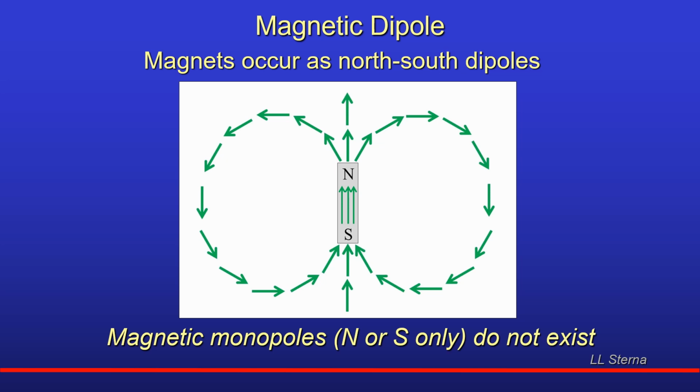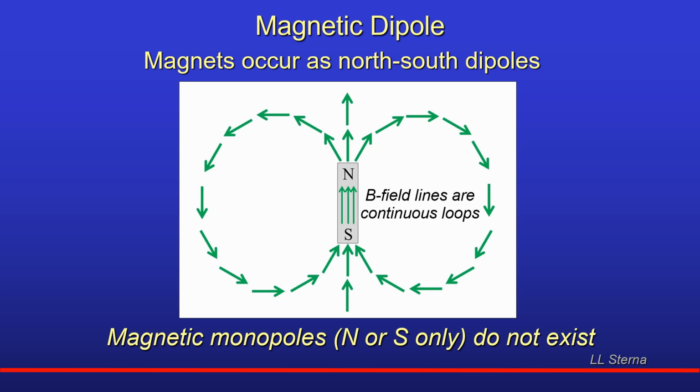The magnetic field lines do not have a starting point or a stopping point. No beginning, no end. They're all continuous. They loop around. They may come out of the north into the south, but inside the magnet, they go from south back to north.